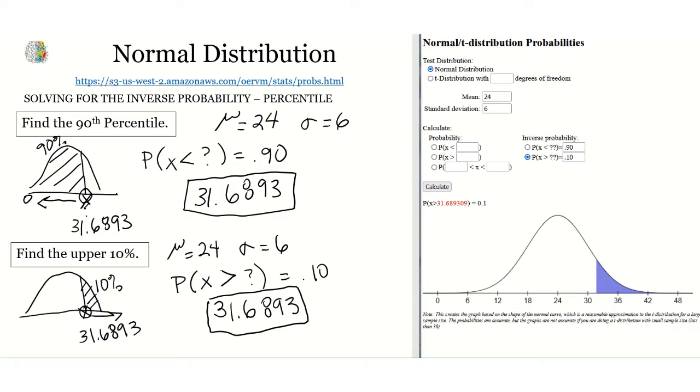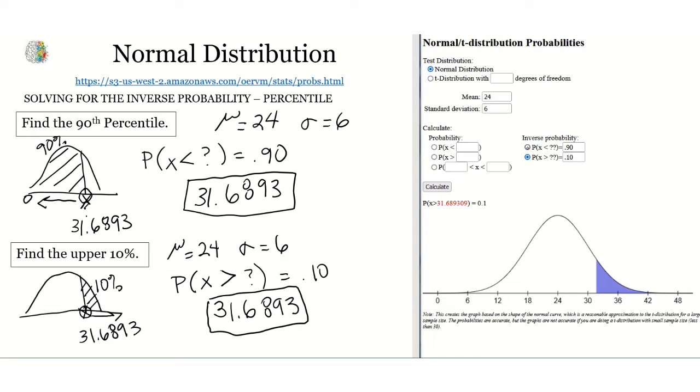If it just asks for a percentile, it's going to start at the 0 and go to the right. It's going to be how we solved for the 90th percentile, and that's going to be your top probability. That's going to be the most common that you're going to use. If they specifically ask for the upper 10%, then they're asking for a right-tailed test, and they want you to start at a value and go to the right.